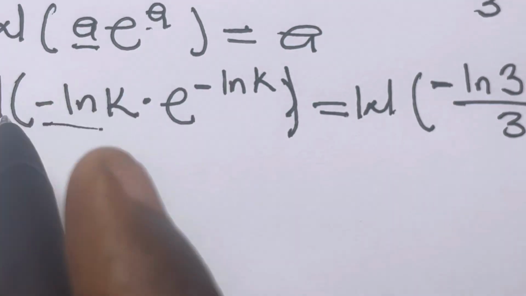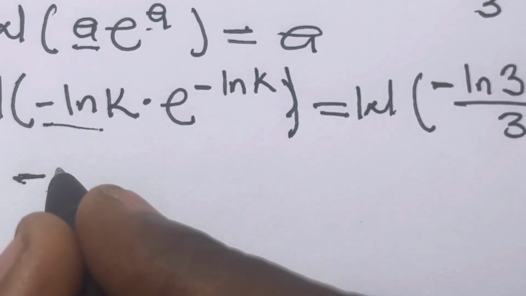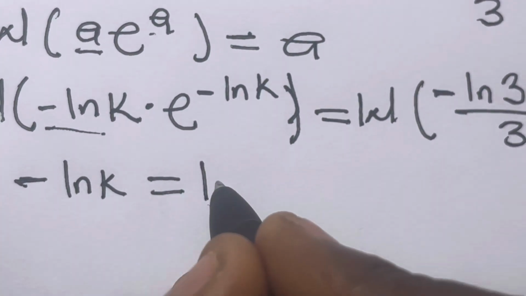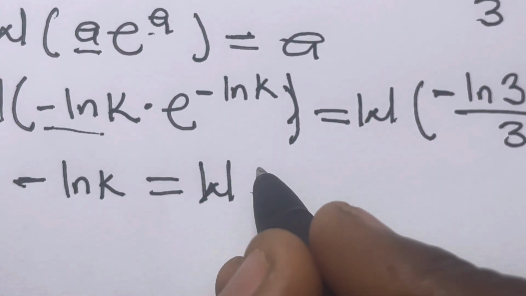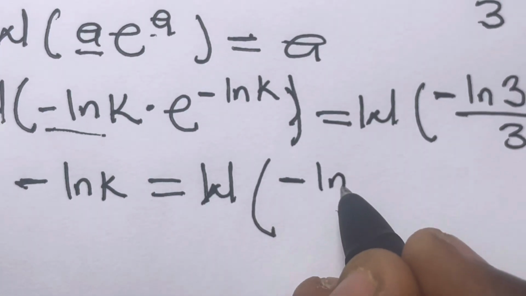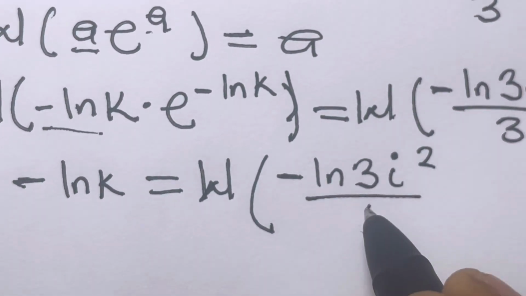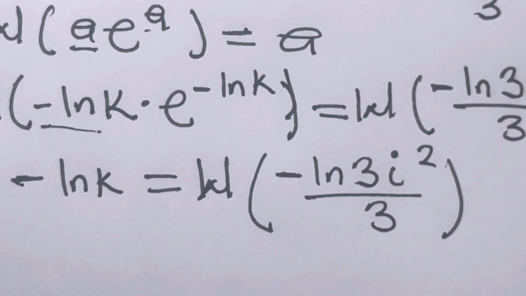So that means that this expression will be minus ln k equals the Lambert function of minus ln 3i squared divided by 3, right?